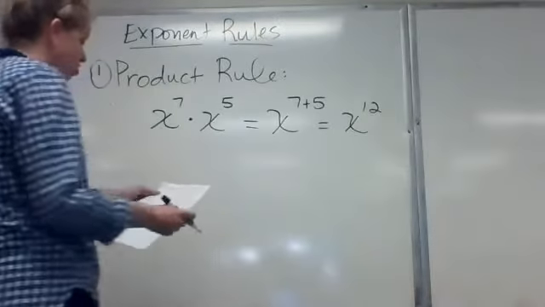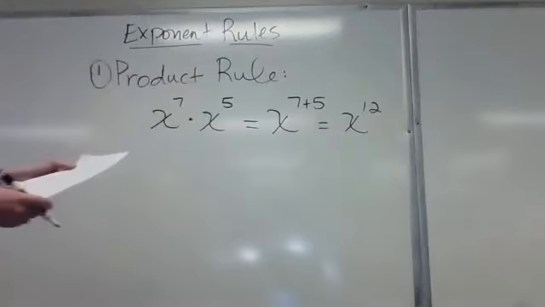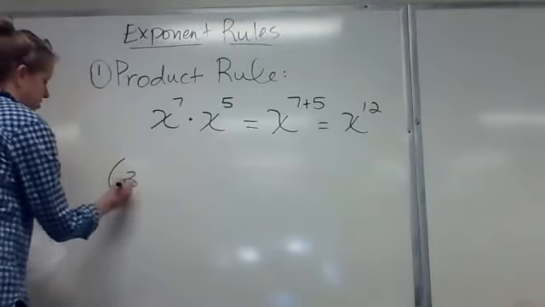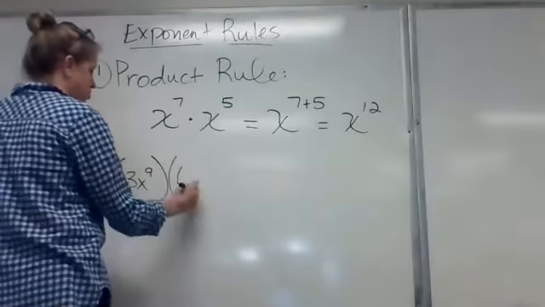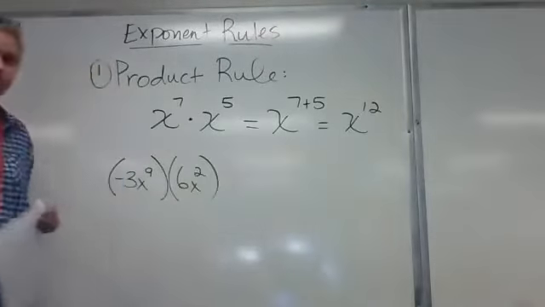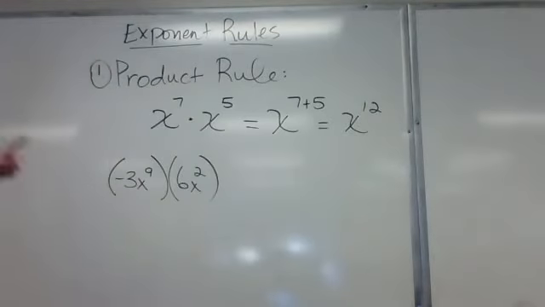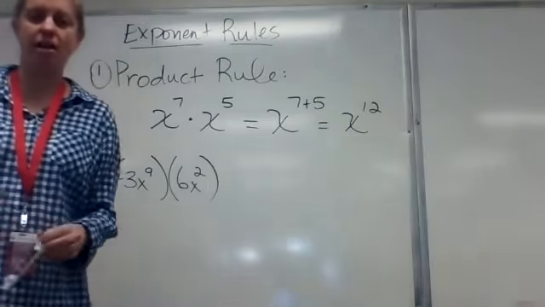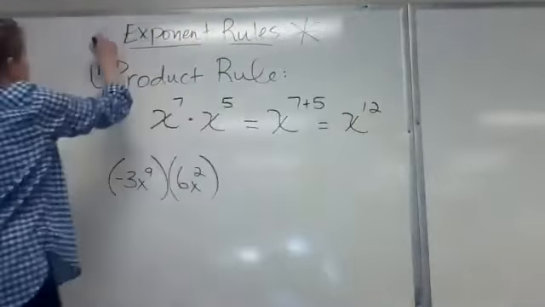Right, number 6 says use the product rule to simplify your expression. You have -3 x to the 9th times 6x squared. So we're still multiplying. We're still using our normal multiplication rules. So this -3 times 6 is the same thing it's always been. These are simply exponent rules.